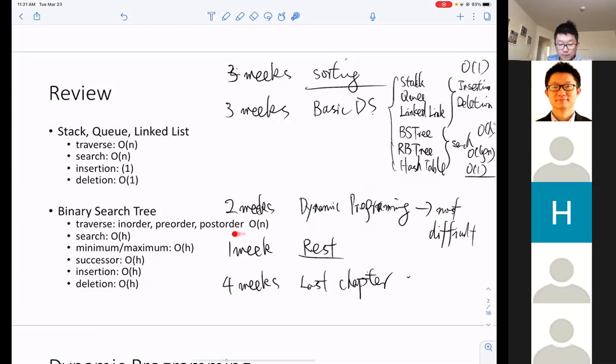But actually, this 1 week of rest is not that much of rest, because I think most of you are going to spend that week doing the second homework on dynamic programming, and also digesting the materials, because it's really hard to understand. When I was an undergraduate student and took this course, for me, dynamic programming was like, did I ever learn that?